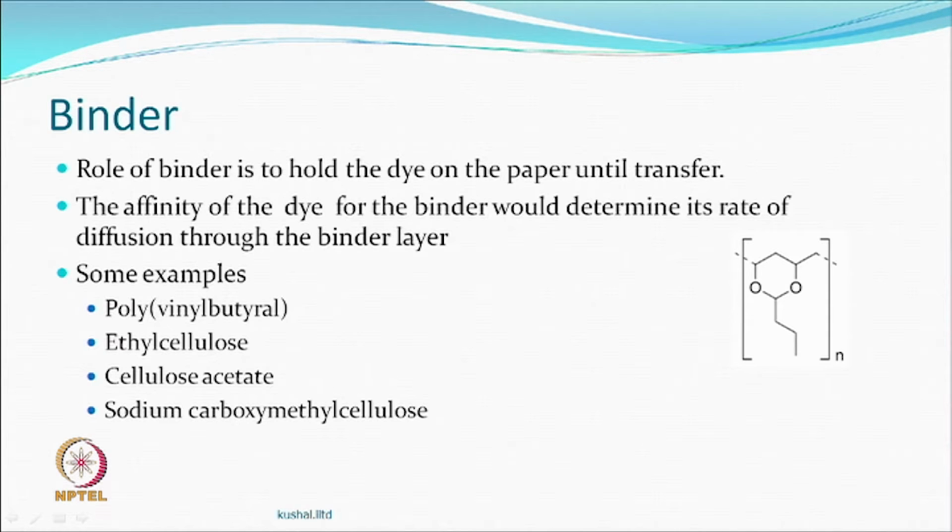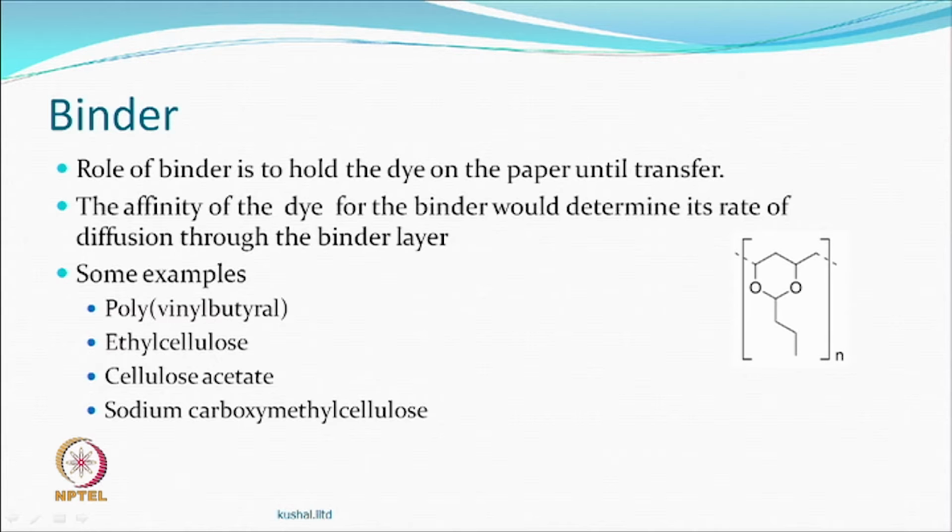So, it is also expected that this particular type of a binder would not have affinity for the dye, and if it has no affinity for the dye, then the diffusion through the layer would also take place in a faster way, and much less will be retained in the layer, the polymer layer which we have.